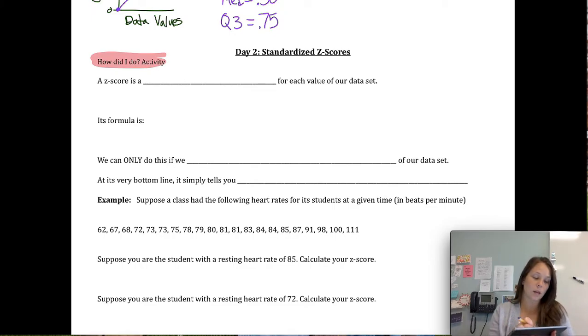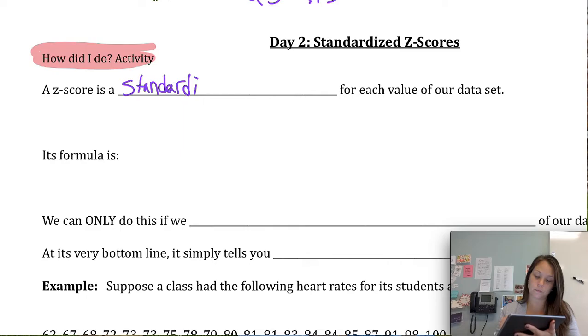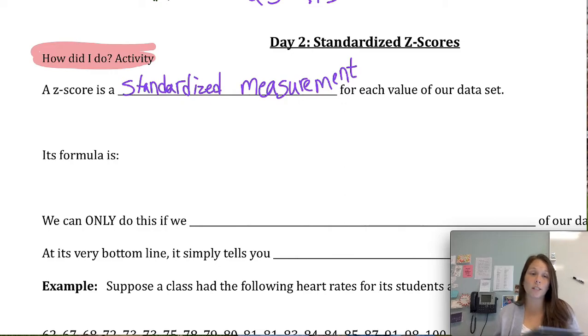Looking at some more formal definitions here in our notes, a z-score is a standardized measurement for each value of our data set.